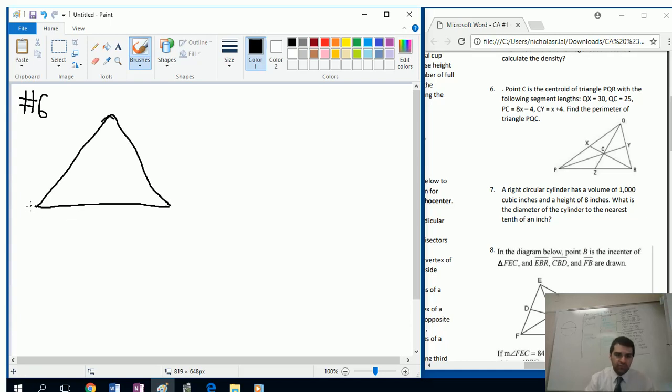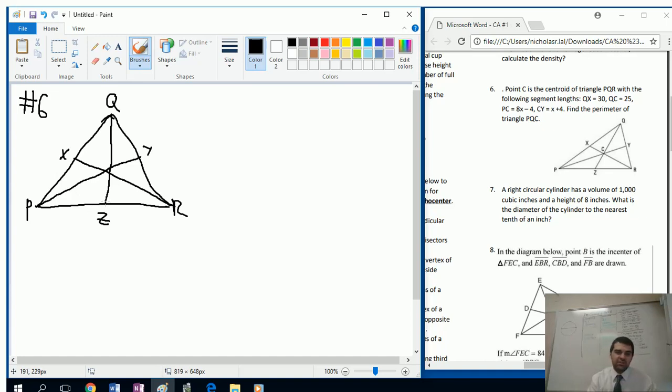So we have P, R, and Q, and we have X, Y, and Z, and then we're going to have a line between P and Y, Q and Z, and X and R. So the centroid means that it splits the medians in half.